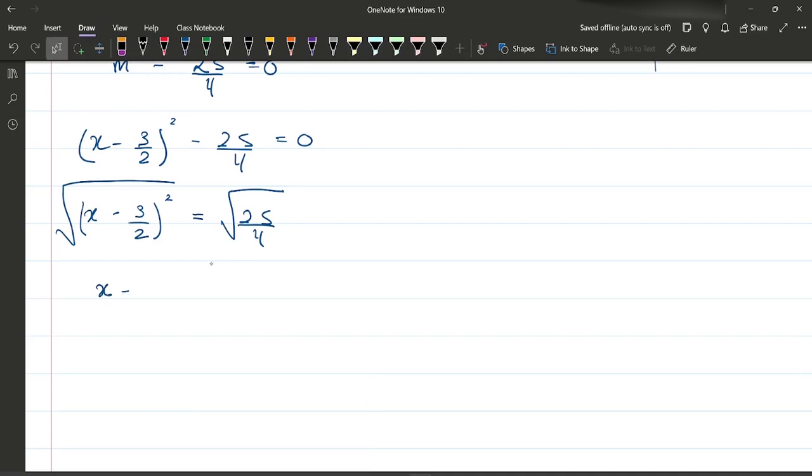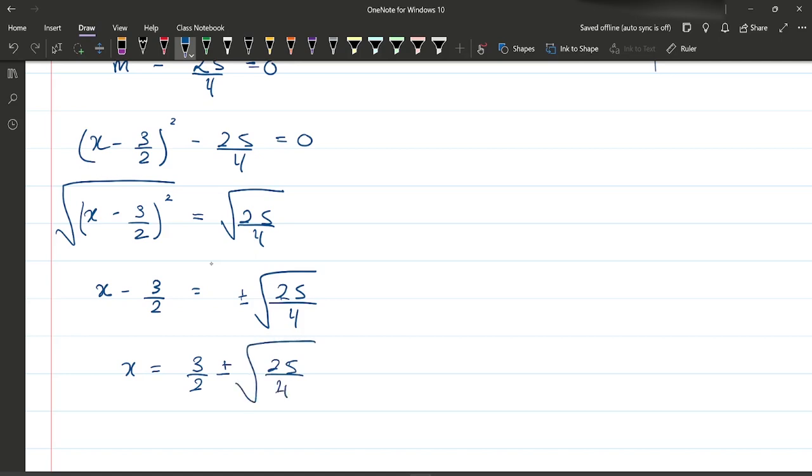So this gives us x minus 3 over 2 is equal to, I'll simplify that later, the square root of 25 over 4, and then plus minus, don't forget that. And then you bring the 3 over 2 to the other side. So it becomes 3 over 2 plus minus the square root of 25 over 4.